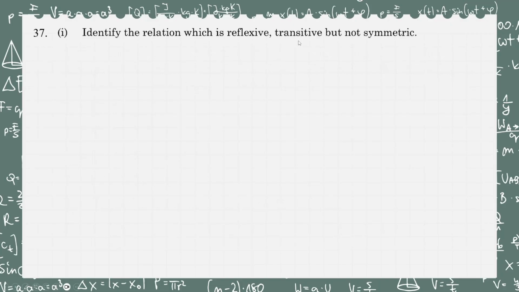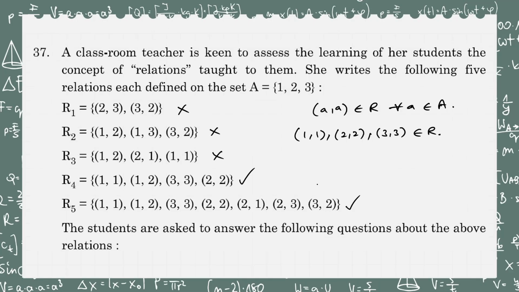Then the transitive property. So what do we mean by the transitive property? When (a, b) is in R and (b, c) is in R, both should give you (a, c) available in R. Whichever relation obeys this condition can be considered transitive.